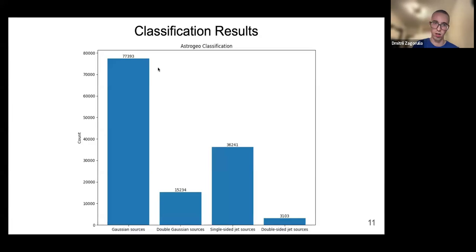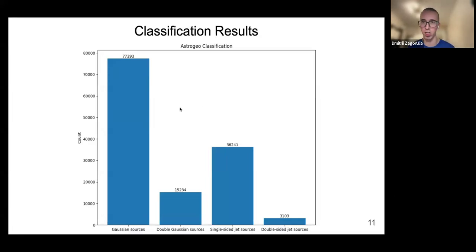Most of the images were predicted as Gaussian sources or point-like sources. This is actually what we expect, because the Astrogeo dataset was initially constructed for astrometric purposes, so they would probably pick AGNs that don't have any spatial structure, like jets.